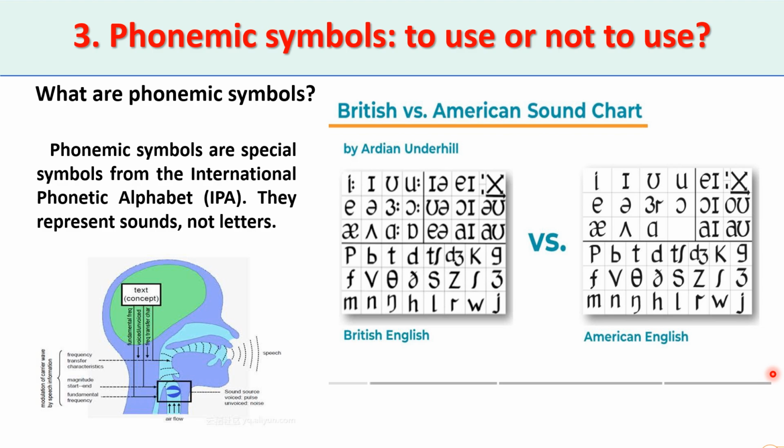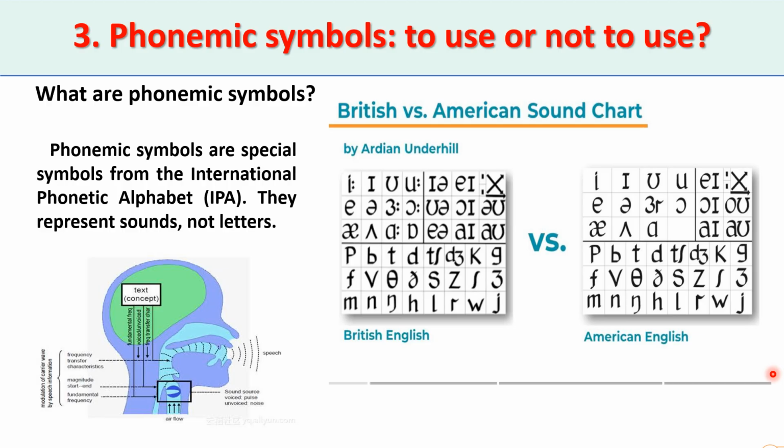Phonemic symbols are special symbols from the International Phonetic Alphabet, or IPA for short. They were created because some letters are hard to sound out, and most sounds come from our throat, pushing air out of our mouth to create a sound or a word.